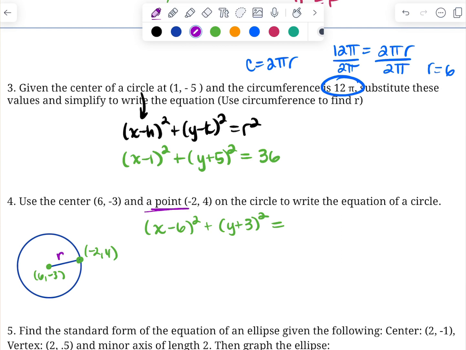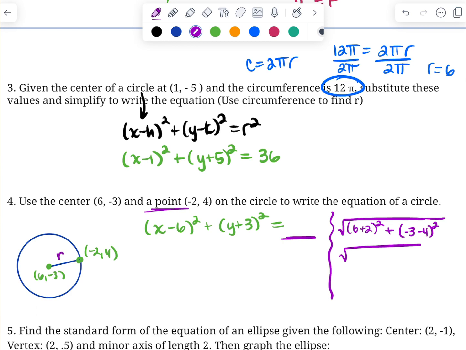So whenever we get our answer, we're going to have to square that number in order to put it right here, okay? So the way we're going to figure out what that number actually is, we're going to use the distance formula. So we're going to take the square root of 6 plus 2, because it's minus a negative, and then we're going to add -3 minus 4 squared.